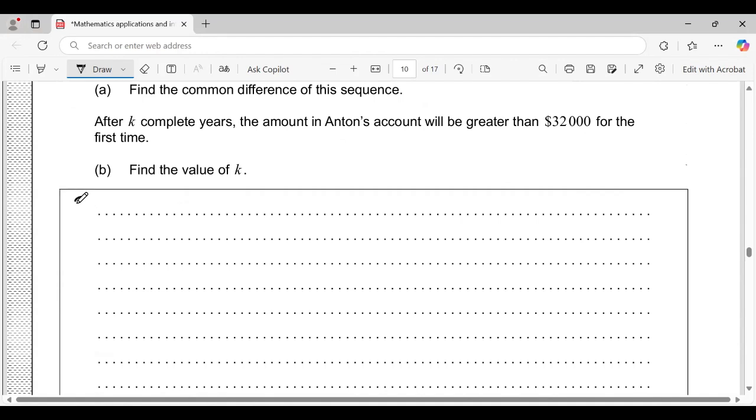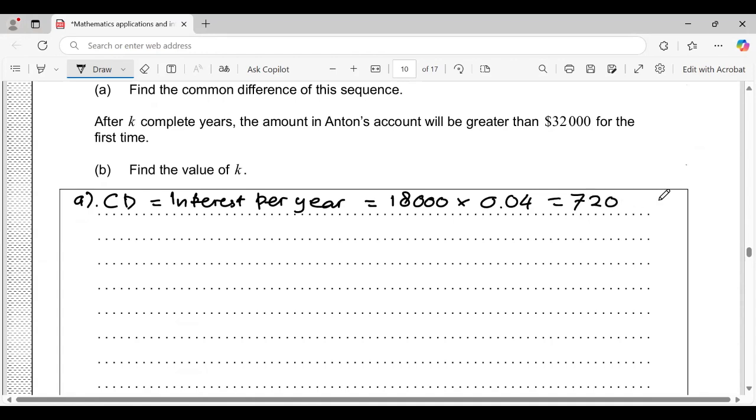Common difference equals interest per year, so it equals 18,000 times 0.04 equals $720. So this is d, the common difference.